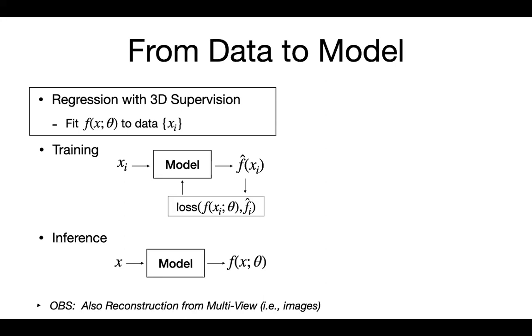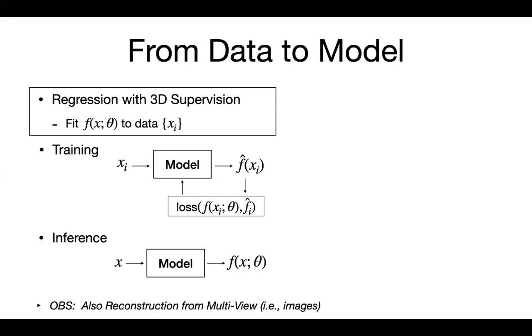So to train, we have the data points, and then we have a loss function that trains the network to predict the right value of the ground truth function that's evident from the samples, because the samples are pairs of coordinate and value.